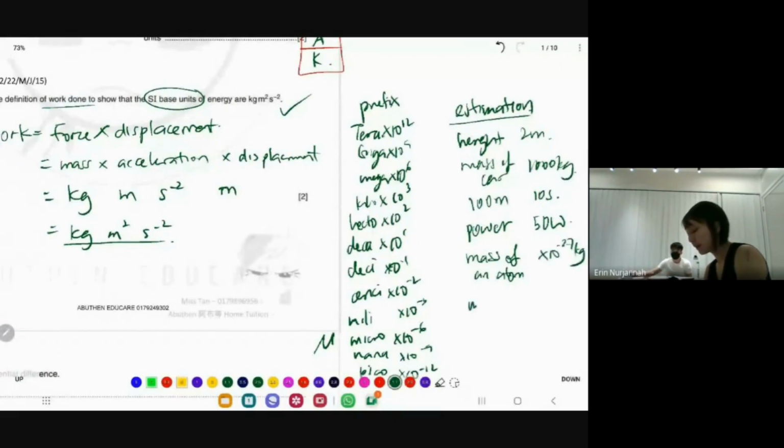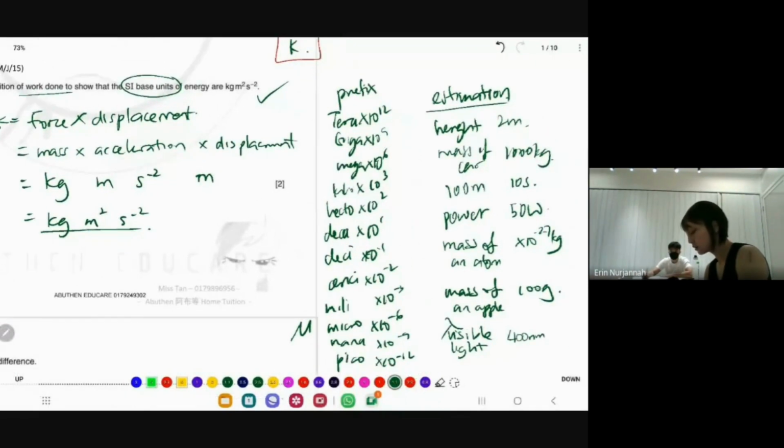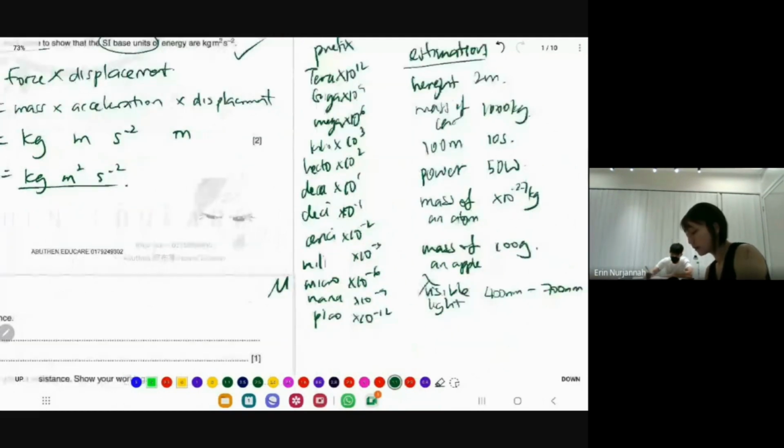Mass of an apple, 100 grams. Okay, and then the wavelength of visible light is about 400 nanometer to 700 nanometer. What about the Young modulus of a metal? Yes, it's about 1 to 100 gigapascal.